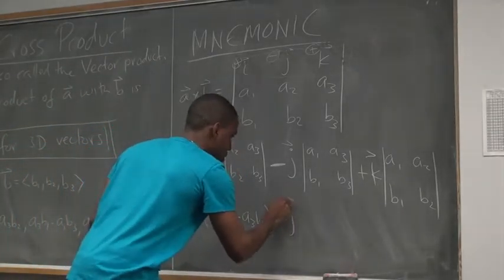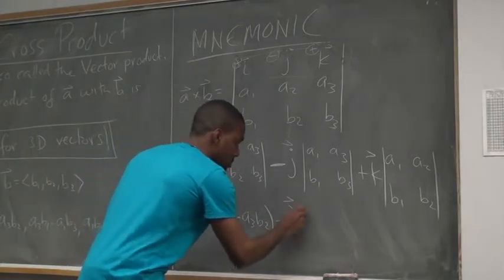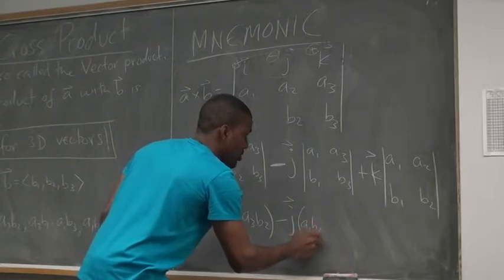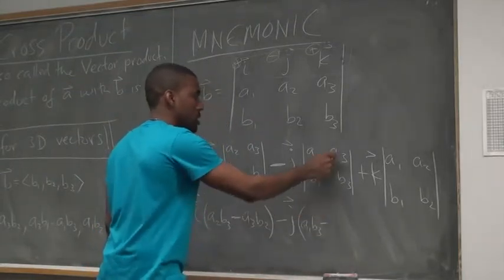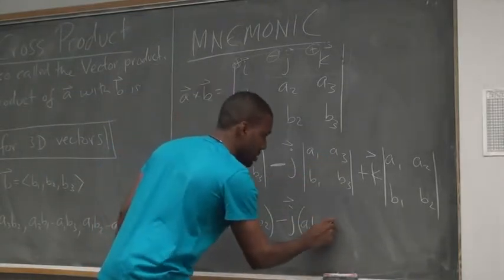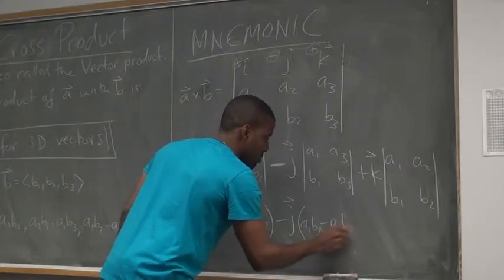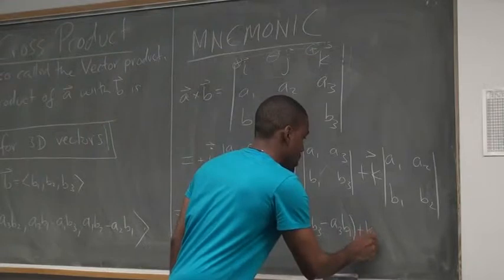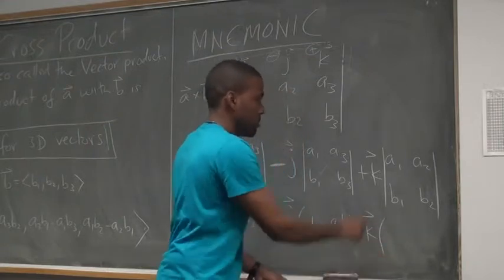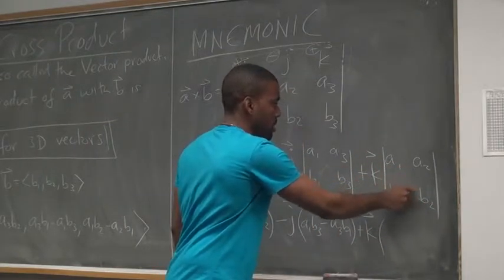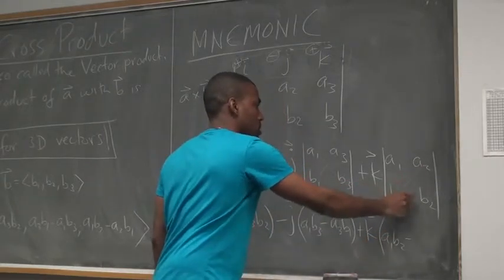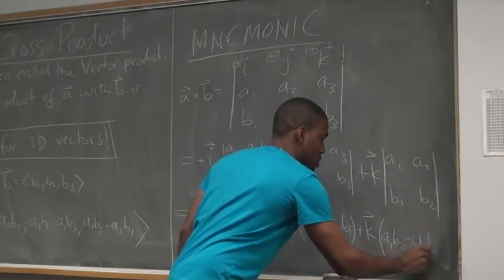Minus J. Do the same thing, this times this, A1, B3, minus this times that, A3, B1. Plus K. A1, B2, multiply this by that. Minus, multiply this way, A2, B1.